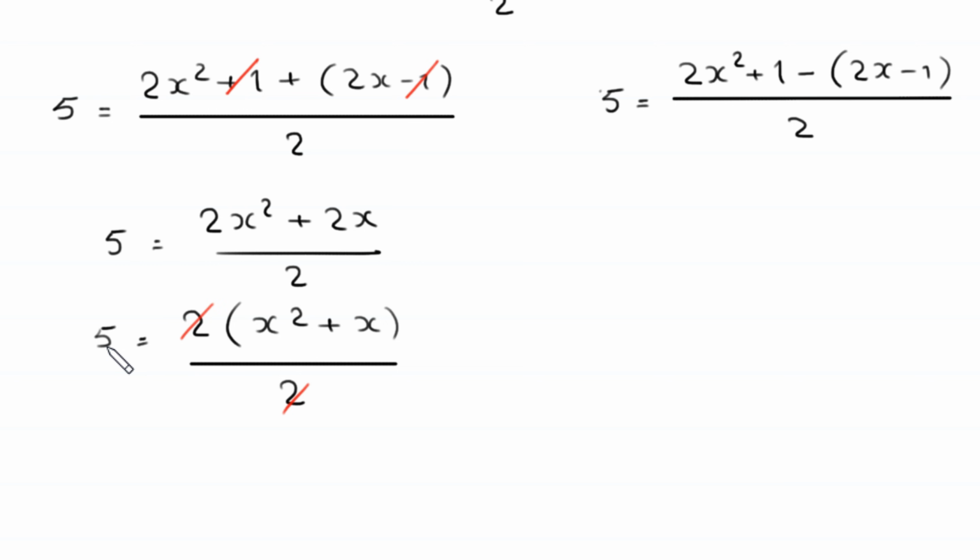We move this 5 to the right hand side, then this equation will become x squared plus x minus 5 is equal to 0. Now we solve this equation.